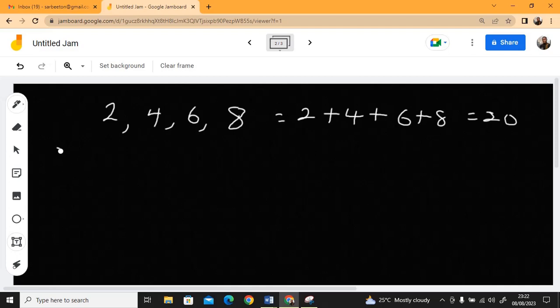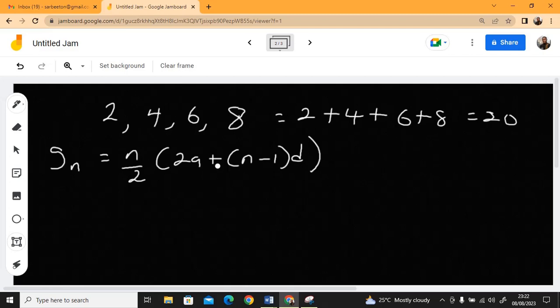So the formula is Sn equals n over 2, open bracket, 2a plus, open bracket, n minus 1, close bracket, d, then close the bracket. You must cram or you must know this formula.